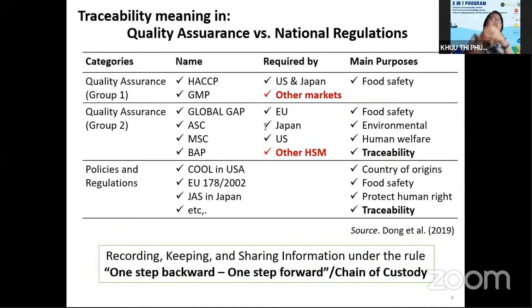I share the information: if we can ask the fishermen to only record and keep their information, and we ask the local authorities to monitor the trust of the information from the fishermen or farmers, and that information is shared to the processing company who have their own system to save and collect the data in the electronic system, we can apply traceability.